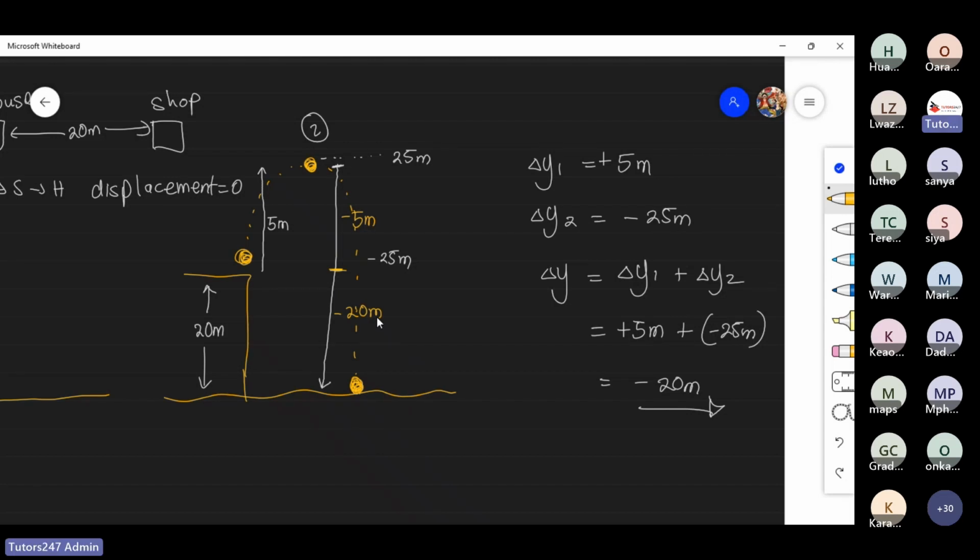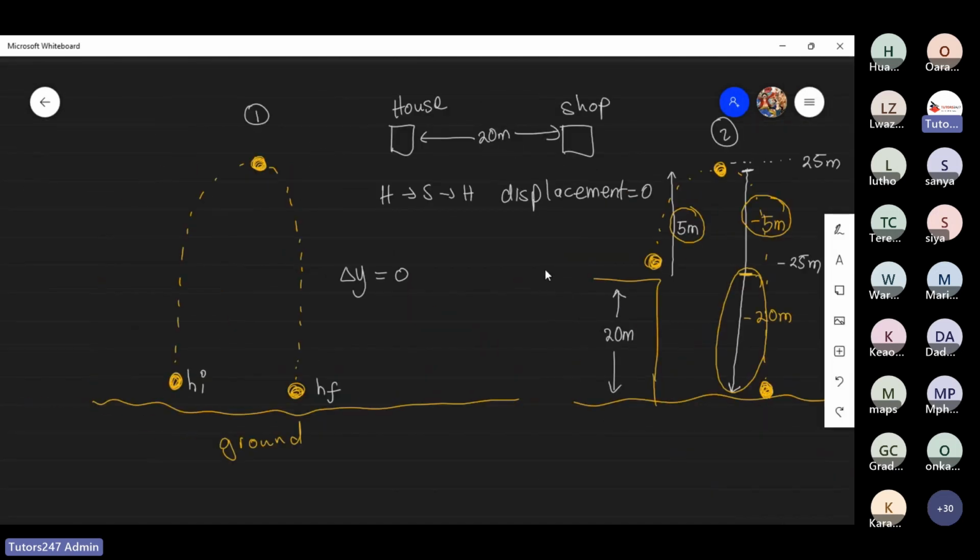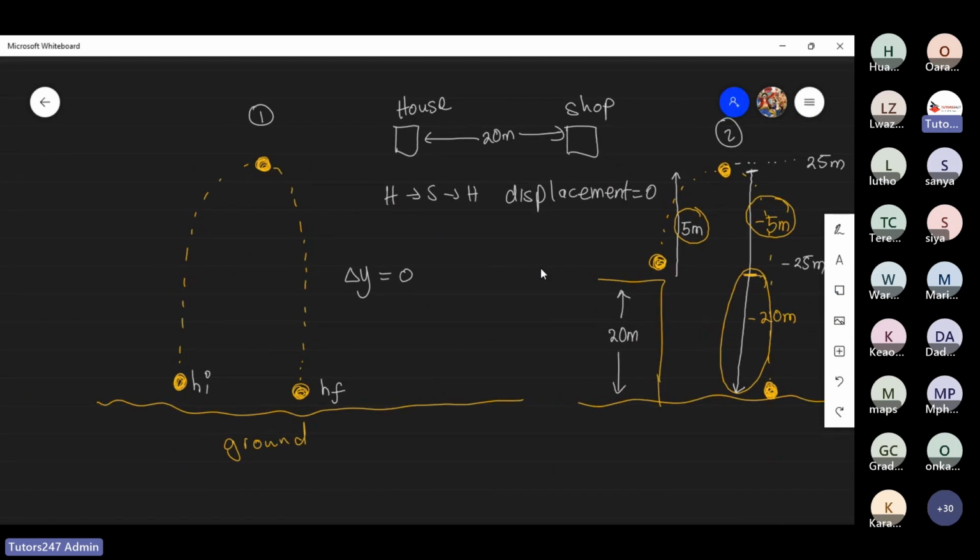Is it not true that the +5 meters cancels out the -5 meters, resulting in only the -20 meter part? That is why I showed you example 1 first, the cancelling out. If you end up at the same position, you've basically not moved. If you go to the shop and then come back home, technically, when we are speaking about distance, you've traveled 40 meters to the shop and back home.